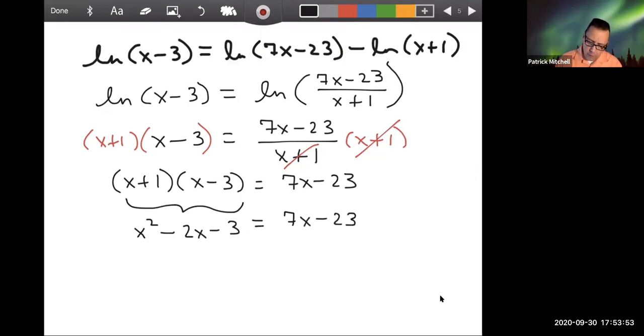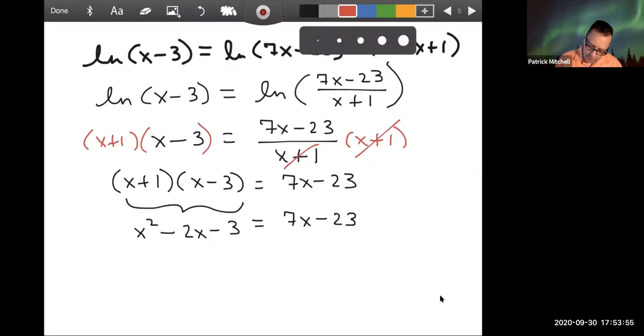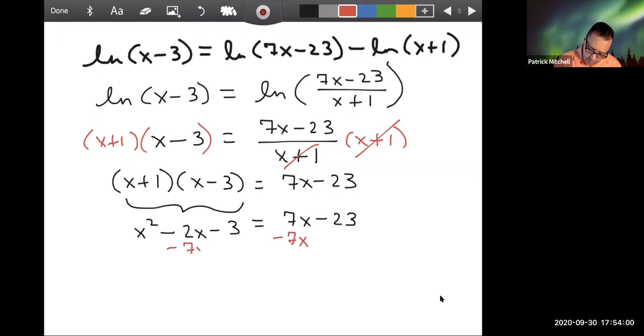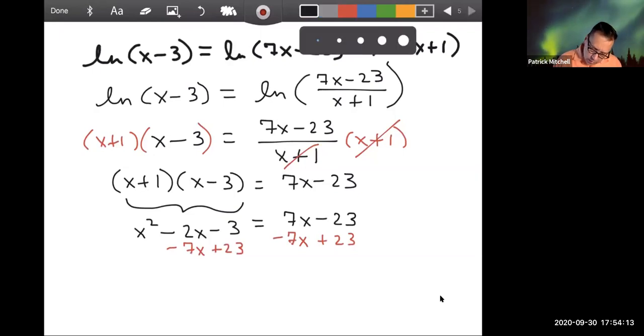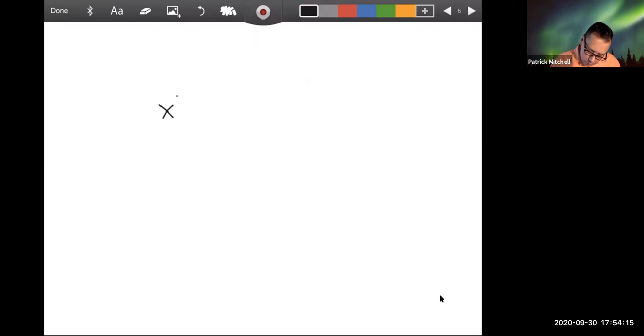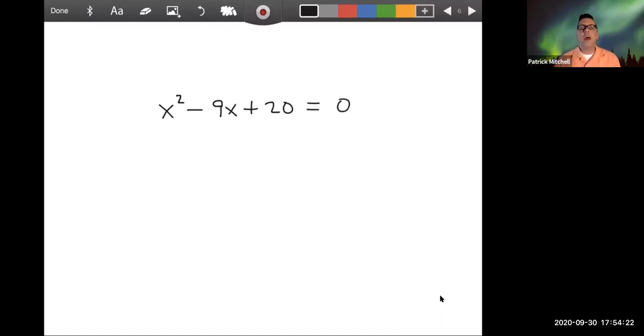And then to put it in standard form, I am going to subtract 7x on both sides. And I'm going to add 23 on both sides. So now I'm going to go to the next page to finish this off. Minus 9 plus 20. Okay. That gives me x squared minus 9x plus 20 equals 0. And again, I'm going to solve that by factoring.